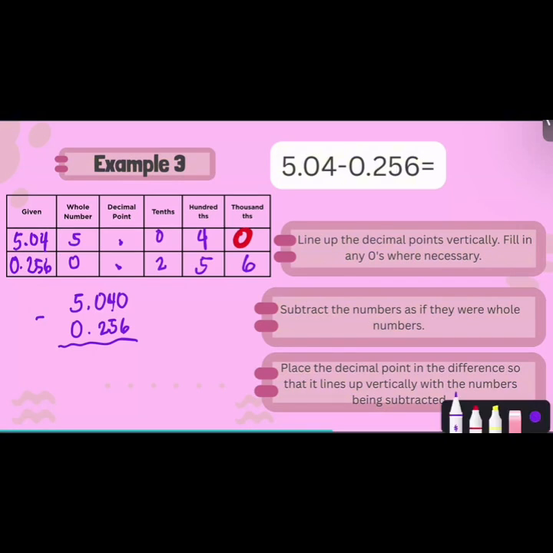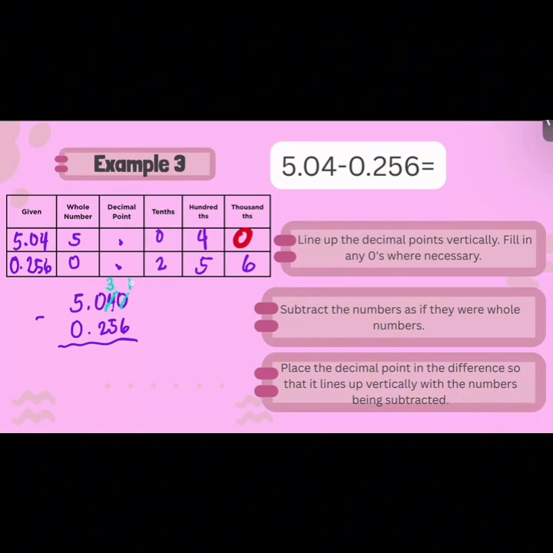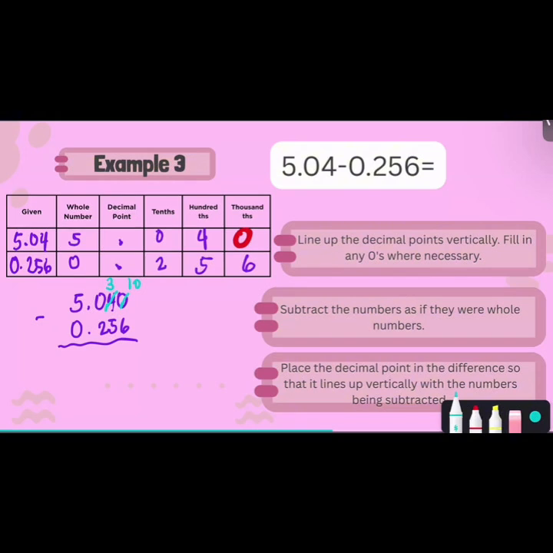0 minus 6, that is cannot be. So, we need to borrow kay 4. 4 becomes 3, and 0 becomes 10. Next, proceed with subtraction. 10 minus 6 is equal kay 4. And proceed with 3 minus 5. So, cannot be again. If it is cannot be, then we need to borrow. Magbo-borrow tayo kay 0.